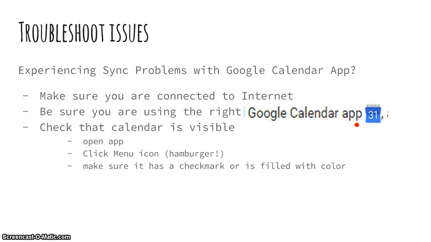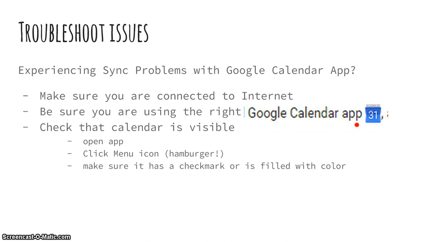If you have issues, you can always search and find information to troubleshoot. I'm going to talk about if you have sync issues with your Google Calendar app. If you are experiencing sync issues, you need to make sure that you're connected to the internet. Is your Wi-Fi going, or do you have access to the internet? Make sure you're also using the right app. You want the Google Calendar app, which looks like this listed here.